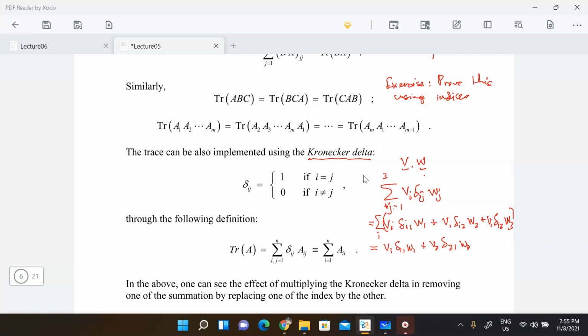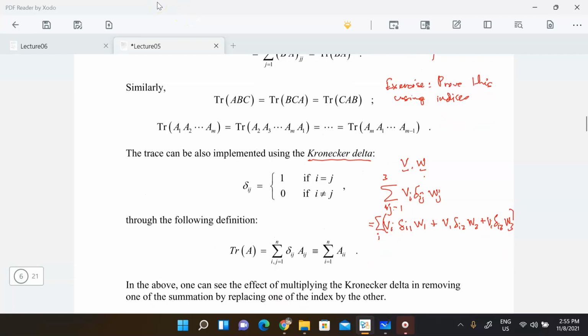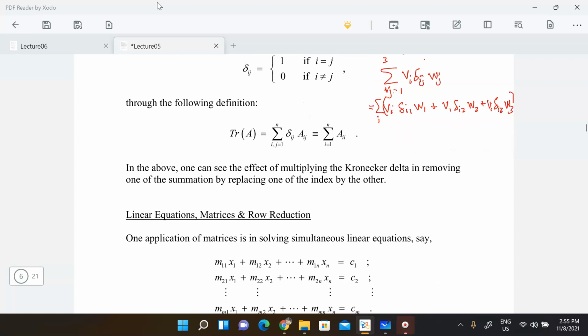Give me space there, so I'll have here V1 delta 11 W1 plus V2 delta 21 W1 plus V3 delta 31 W1, and I just go a little bit on the second line.